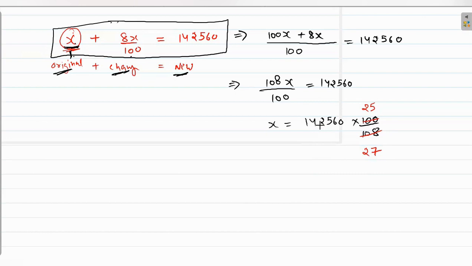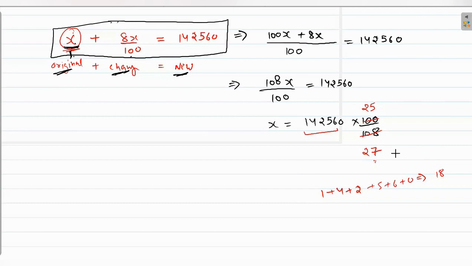So just add them up: 1 plus 4 plus 2 plus 5 plus 6 plus 0. What do you get? 18. Does 18 come in the 3's table? Yes. So this whole number will also be divisible by 3, okay?